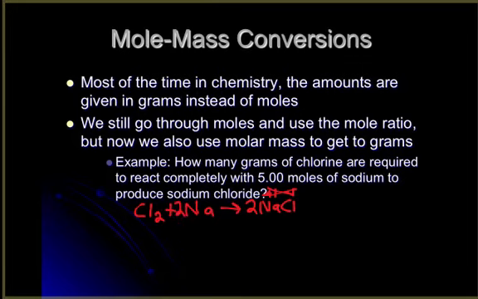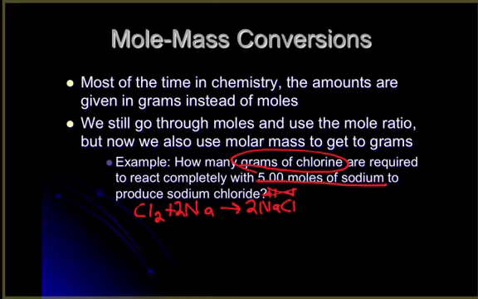Now, we need to be able to set up this problem properly. So, we need to look at the question here and figure out what do I know and what do I not know. How many grams of chlorine are required to react completely with 5 moles of sodium? Well, I am given 5 moles of sodium, and the question is asking for grams of chlorine.